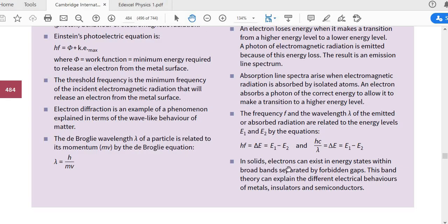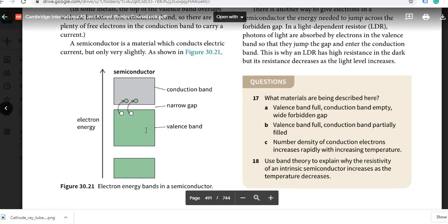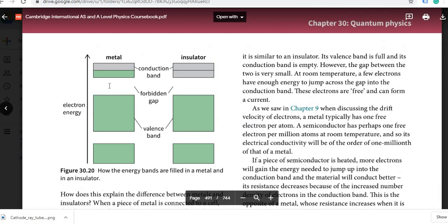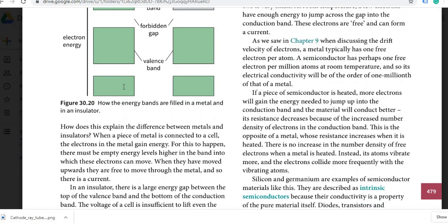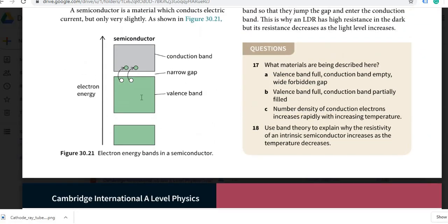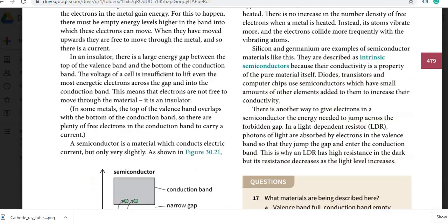In solids, electrons can exist in energy states within broad bands separated by forbidden gaps. You see the broad bands. So we have here conduction band, valency band, and then there is a gap in between, which is called the forbidden gap. Okay, then again you see valency band, conduction band, then the narrow gap.